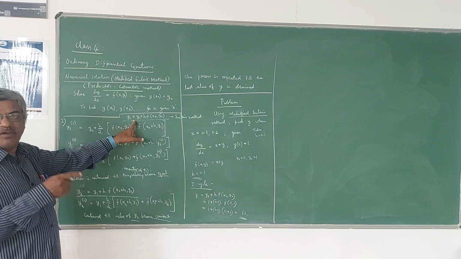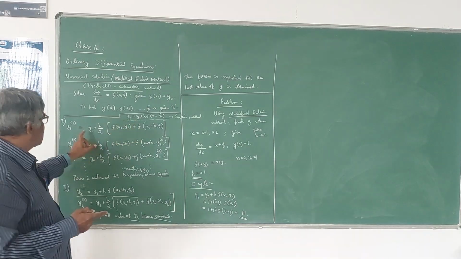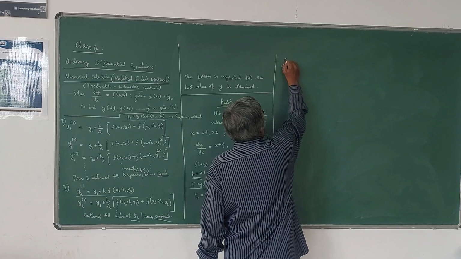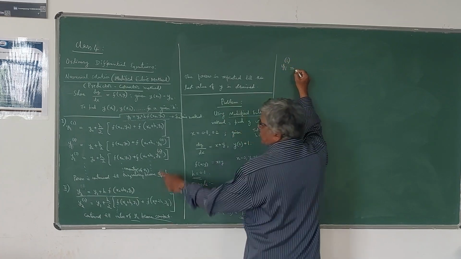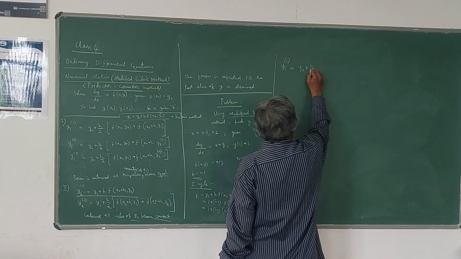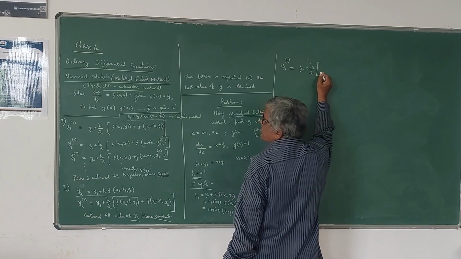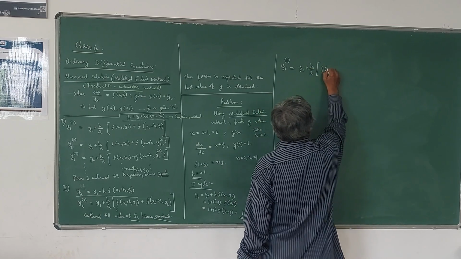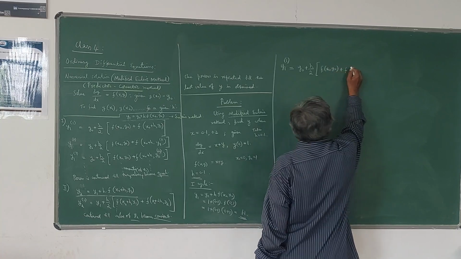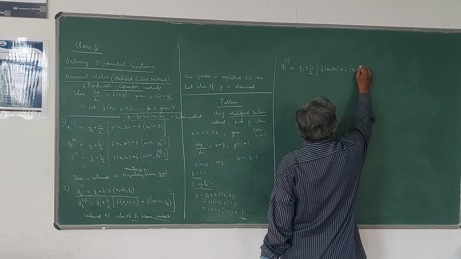Now we have to modify this value using cycles. So y1 of 1 I will write. How to get y1 of 1? y1 of 1 is y0 plus h by 2 into f of x0 comma y0 plus f of x0 plus h comma y1.